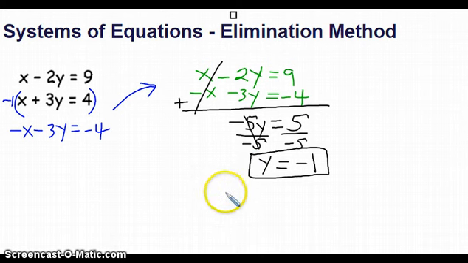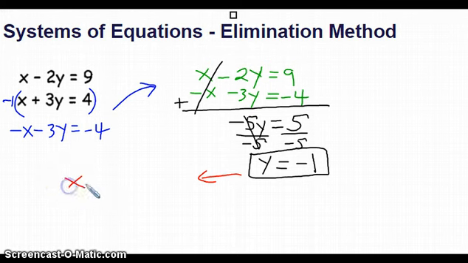We still need to go back, plug y into one of these equations to get our x. So let's plug that into the top equation here. Use a different color. We're going to plug y in to where we see y in this top equation, so we'll just draw an arrow over here.